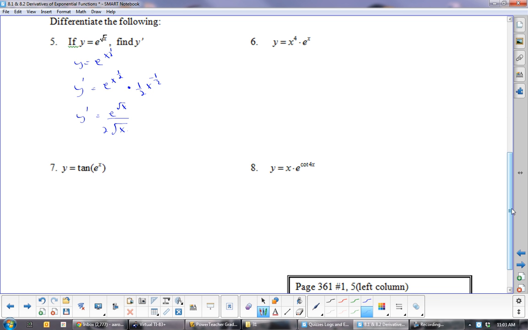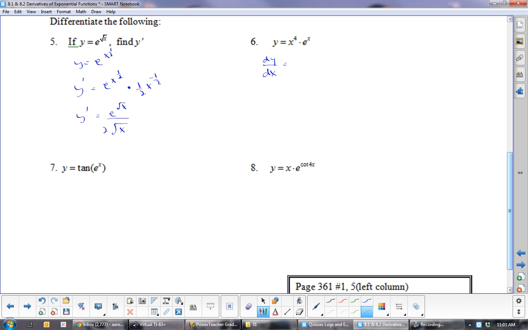In number 6, we would be using what rule? Product rule. So let's do dy over dx. We haven't used that notation for a while.